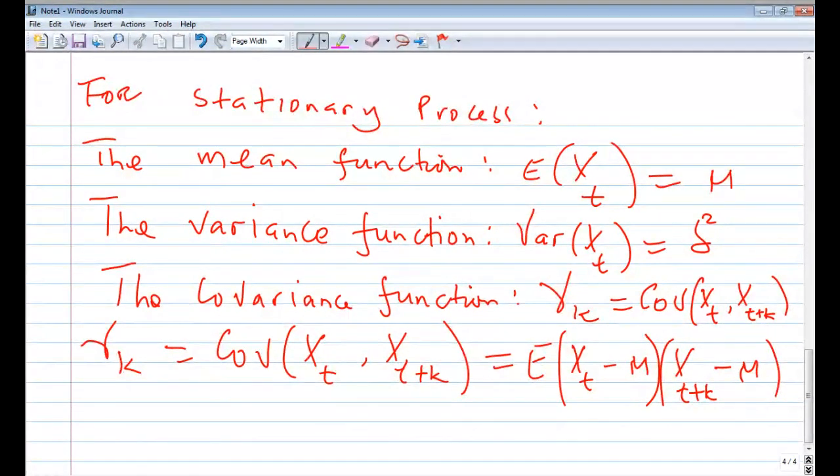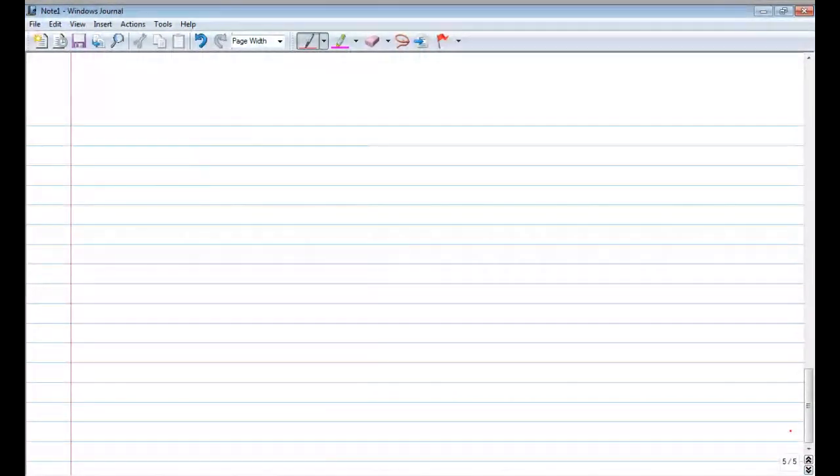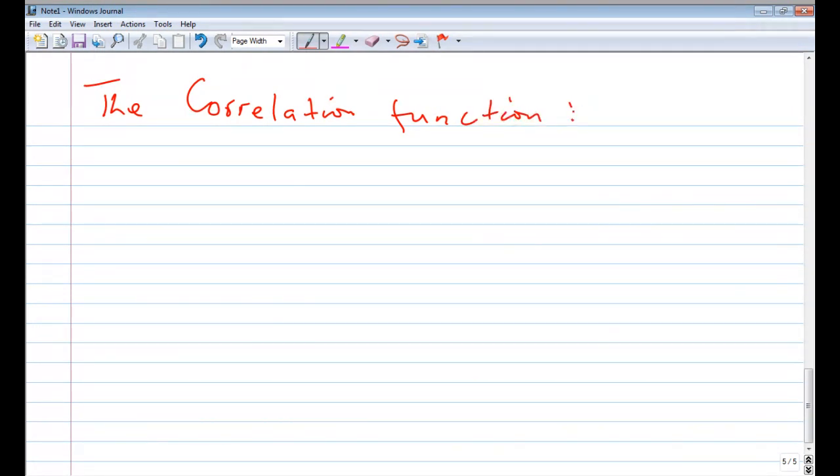Okay. Now let's go to the correlation function. How do you define the correlation function under stationary processes? So I can move to the next page, isn't it? Okay. Yes. So the correlation function is defined by rho k, because this time around it is for stationary, which is equal to the corr of xt, xt plus k.